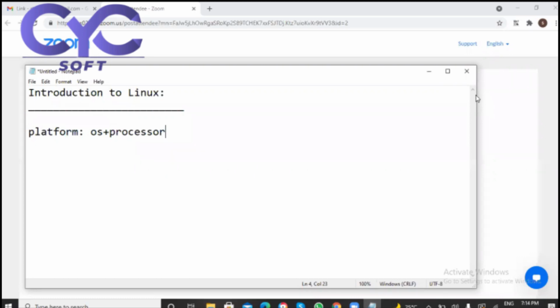The best option is always Linux when you compare with Windows. That's one reason you need to use Linux as the preferred operating system in our DevOps environment.